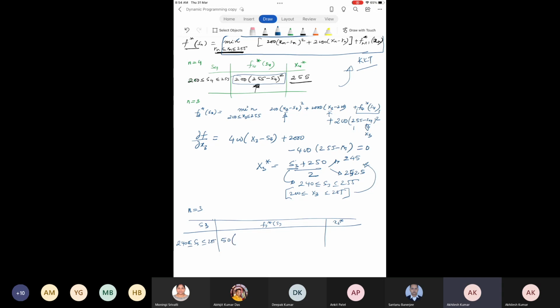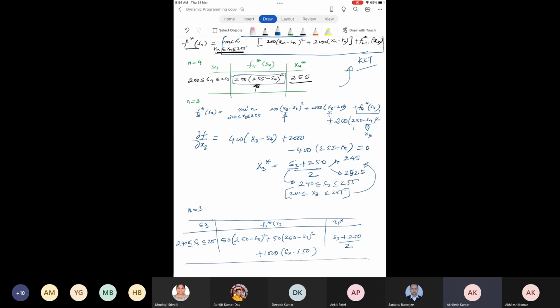You have to rearrange the terms, and you will get that. Okay, so this will be your n equals to 3.